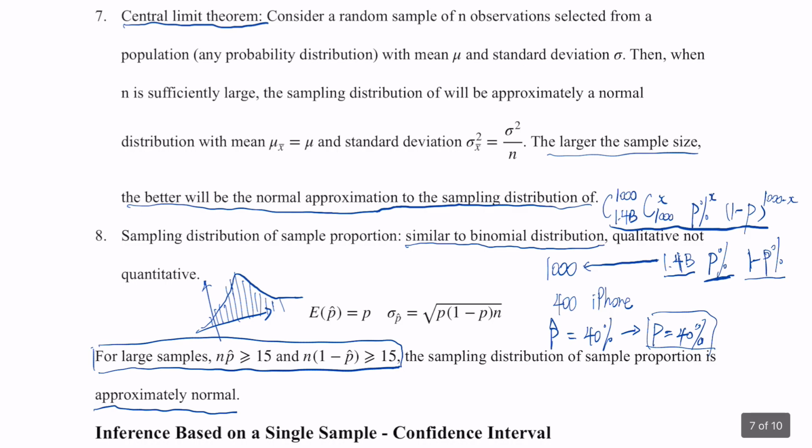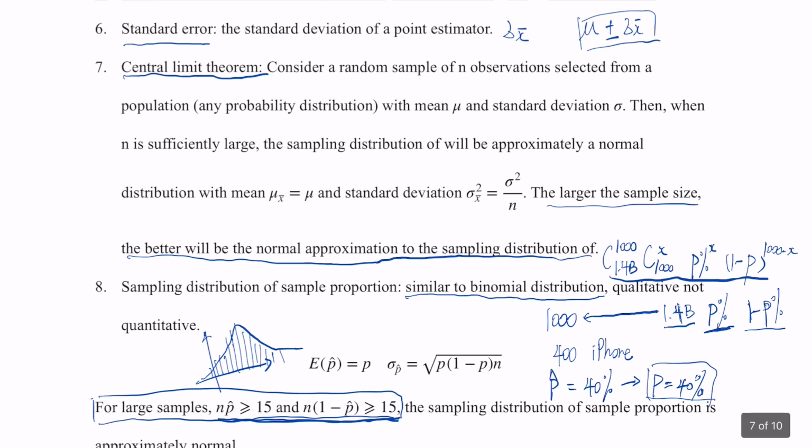Because it is discrete. We cannot approximate it to a normal distribution. And remember this criteria to determine whether a sample is large or not, because in the confidence interval chapter and hypothesis testing chapter, we will also use this criteria to determine whether a sample is large enough.